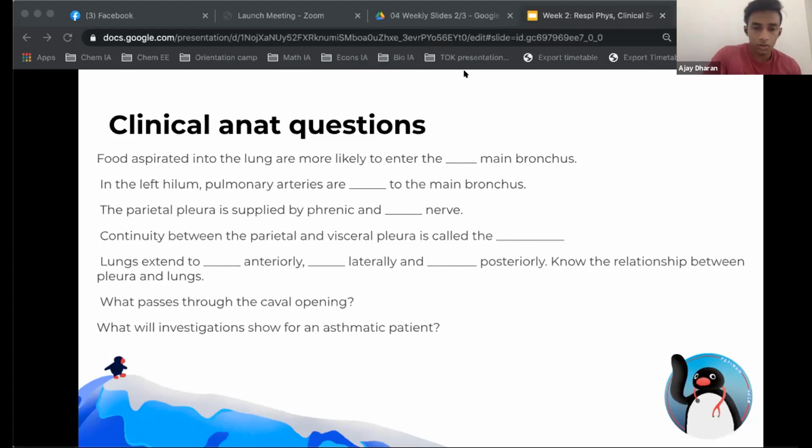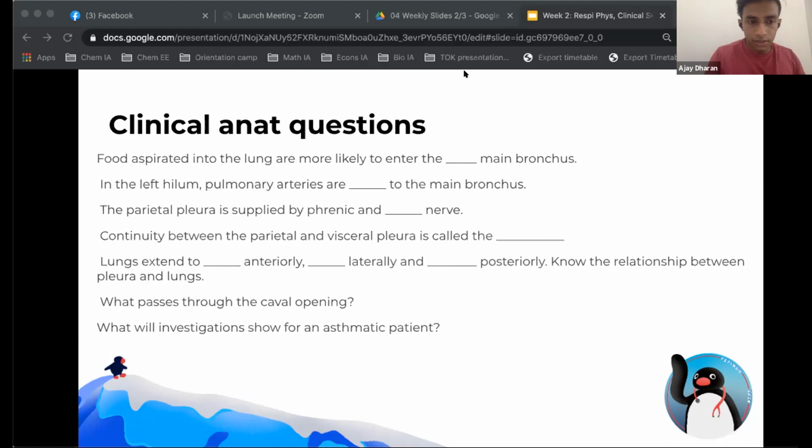Quite close, but you need to know the difference between your lungs as well as your pleura. Your pleura is the one extending lower, and your lungs are the ones which are smaller. For lungs it's 6, 8, 10, and for your pleura it's 8, 10, 12. Just need to know that key difference there.